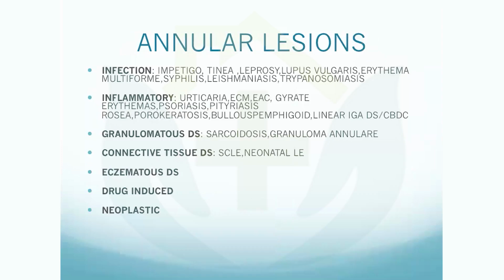The causes of annular lesions could be infection, which can be bacterial, fungal, or many other kinds of infections. It can be an inflammatory cause, granulomatous disease, connective tissue disease, eczematous lesions, and drug induced, and last but not the least, neoplastic lesions can give rise to annular lesions.